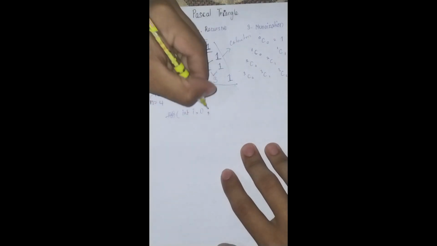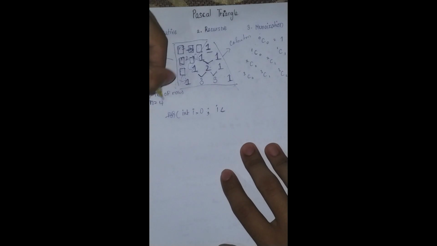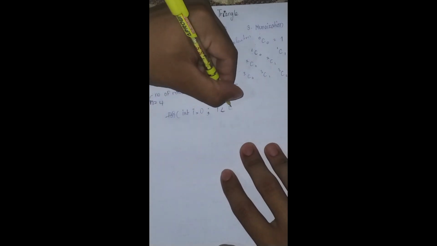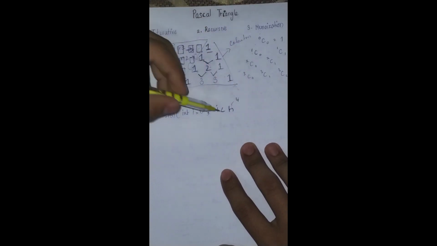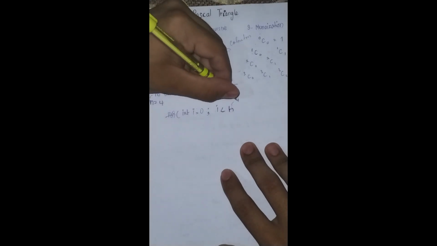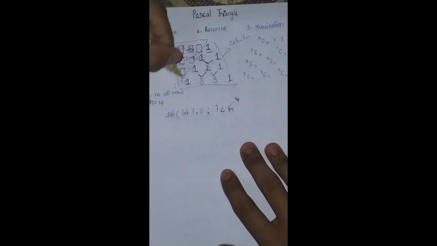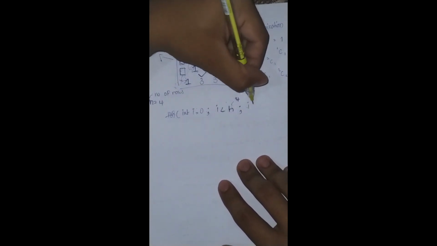It will start from 0, and it will go till less than n, that is the number of rows, 4. So i will go 0, 1, 2, 3. So it will go till 3, and then i plus plus.